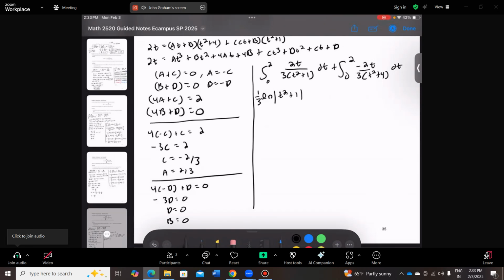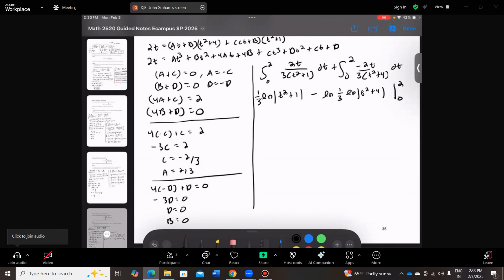It makes it a little easier. Then minus 1/3 natural log of t squared plus 4, and then integrate this from 0 to 2. And basically, for both of these, because of the chain rule, we have to divide by 2, and it cancels out that 2.